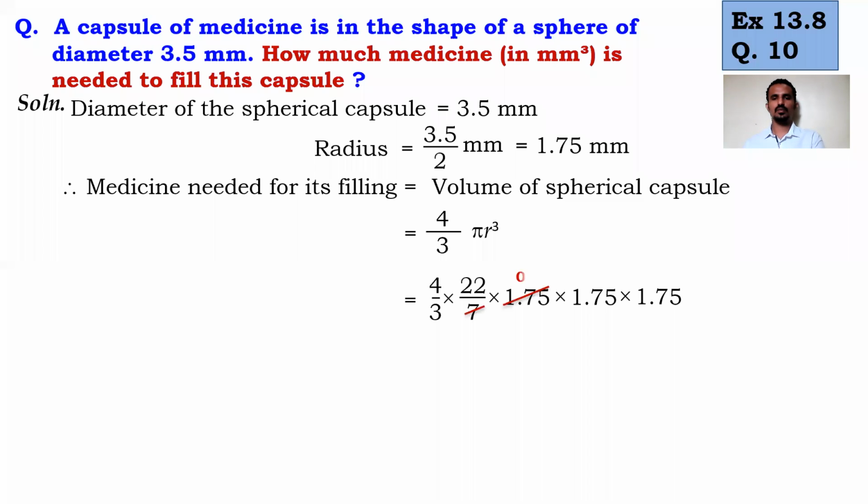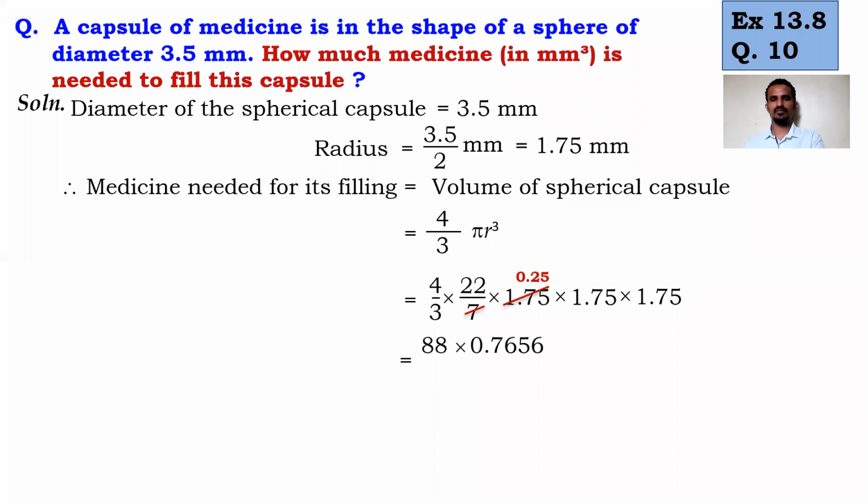Now we can divide 1.75 by 7. 7 1 is 7, 7 2 is 14. The remainder will be 3 and 7 5 is 35. So we get 0.25 here. Now there is no other number that can be divided because we cannot divide 4, 22 or 1.75 by 3. So there is no further division possible.